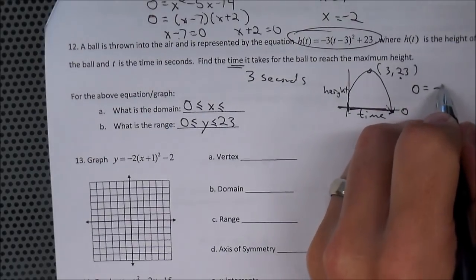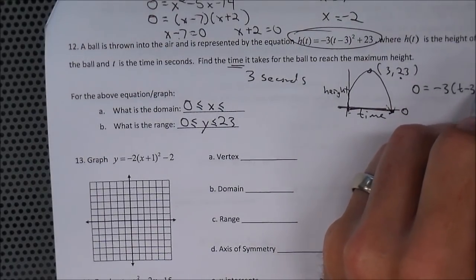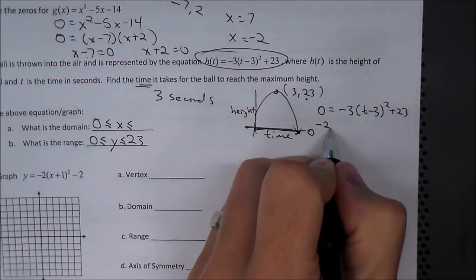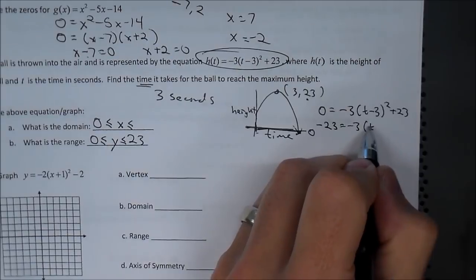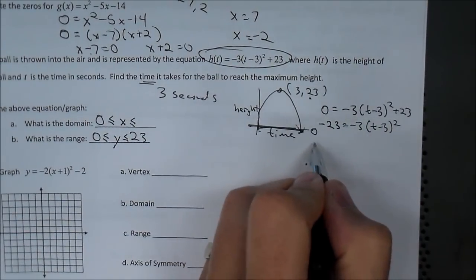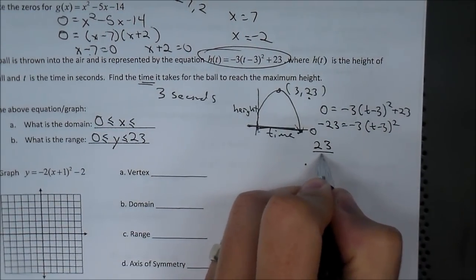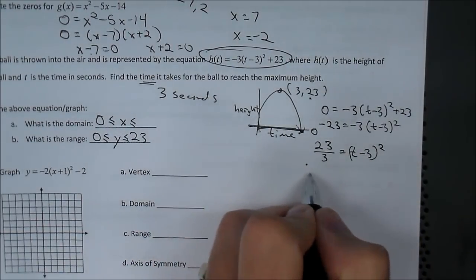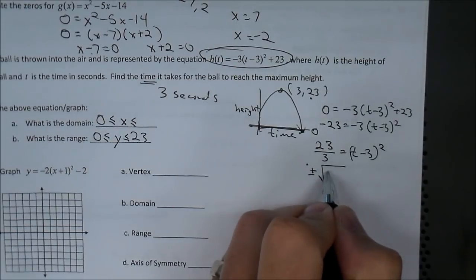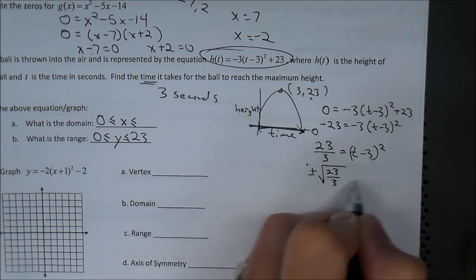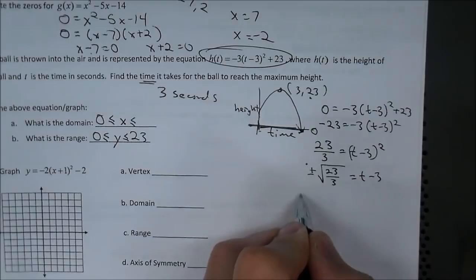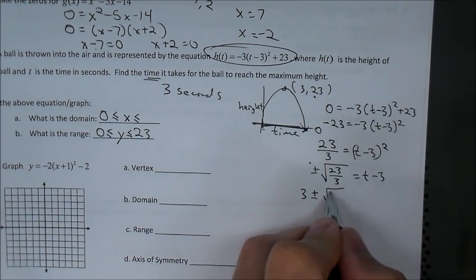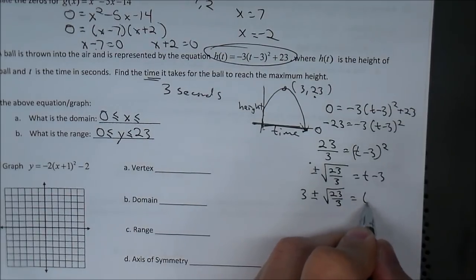So I have 0 equals negative 3 times (t minus 3) squared plus 23. We're going to subtract 23 from both sides. We're going to divide by negative 3, and now we have 23 over 3 equals (t minus 3) quantity squared. We then take the square root, and we get plus or minus the square root of 23 over 3 equals t minus 3, and then finally 3 plus or minus the square root of 23 over 3 equals t.